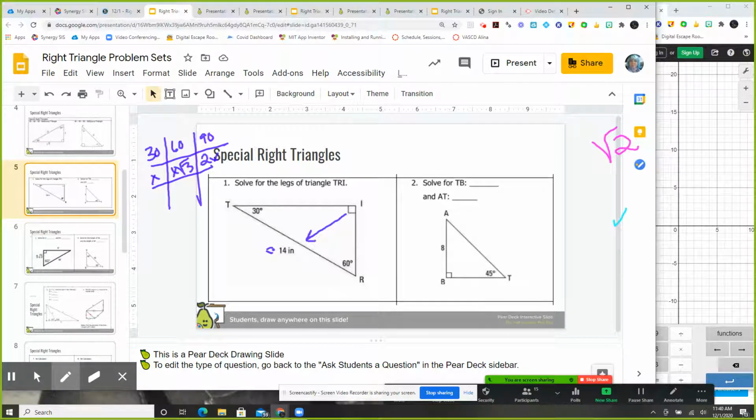Is it opposite that 90 degree angle? So that's the 2X, right? That's that hypotenuse, that longest side, absolutely. So what's the shortest side? What's that going to be? The 30 degree one.